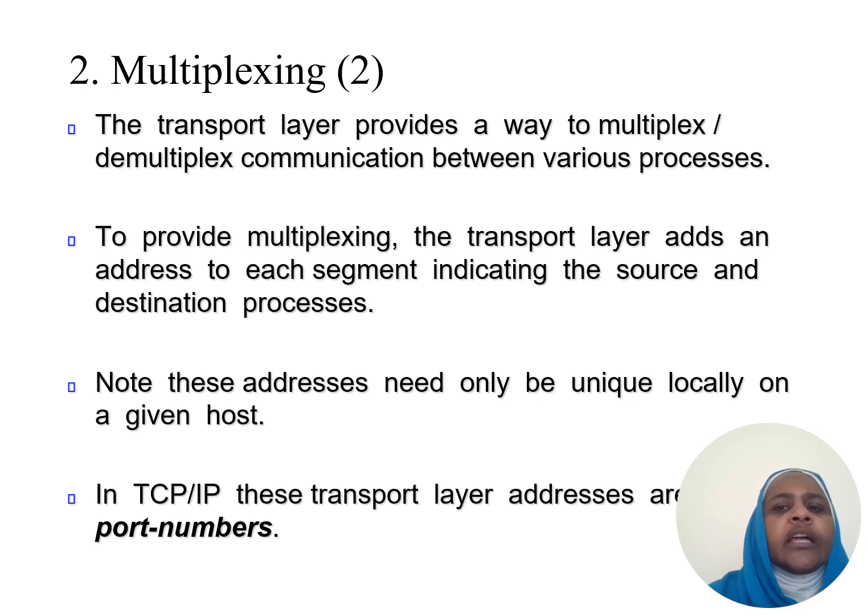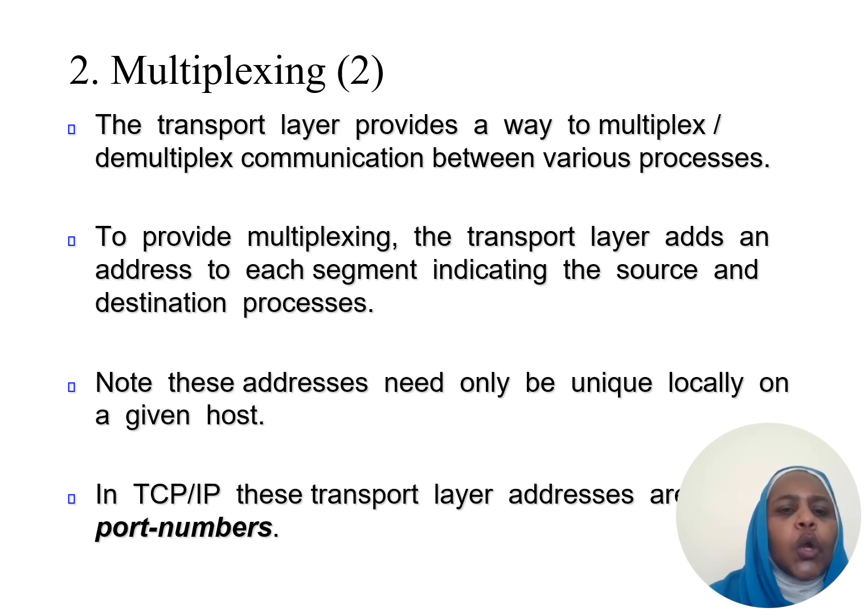The transport layer provides a way to multiplex and demultiplex connections between various processes. It provides the multiplexing by adding addresses to each segment, indicating which source and destination processes are communicating.